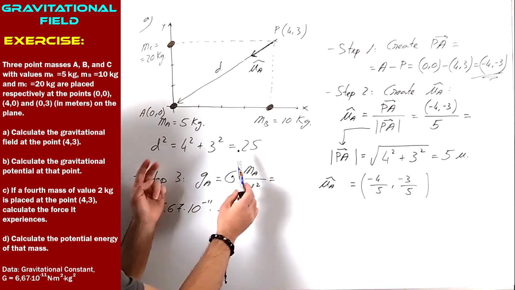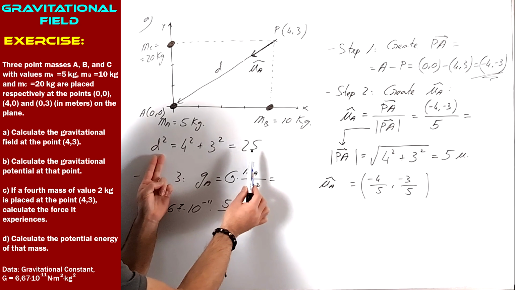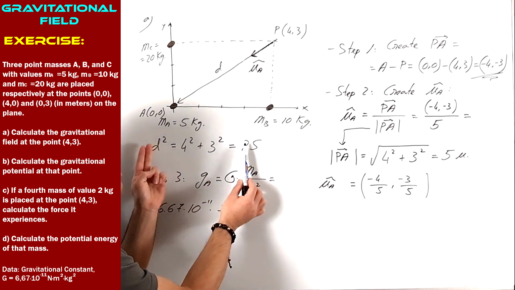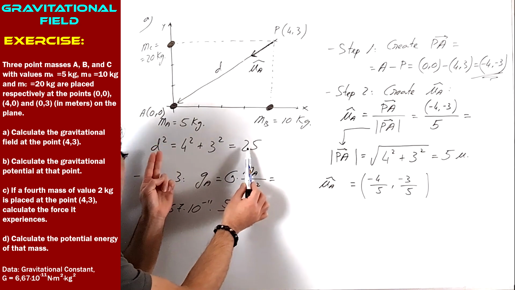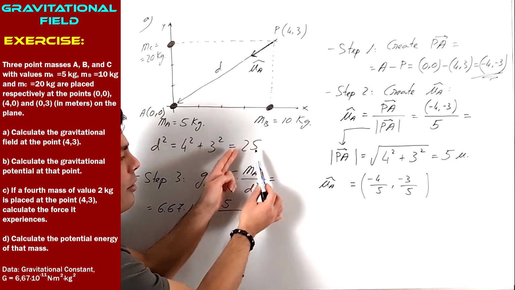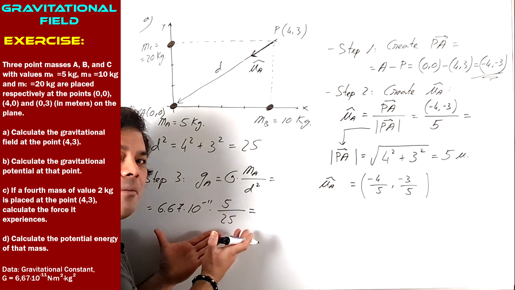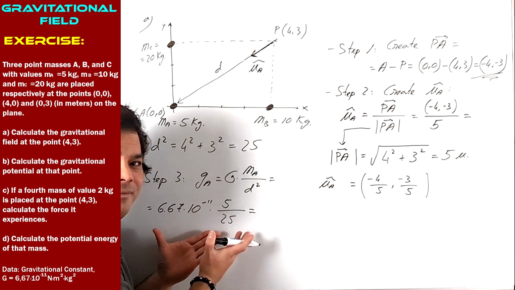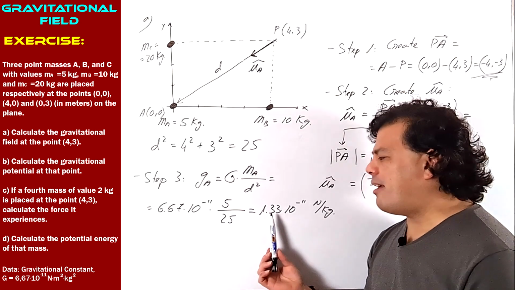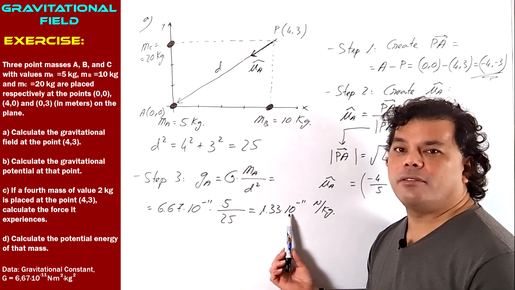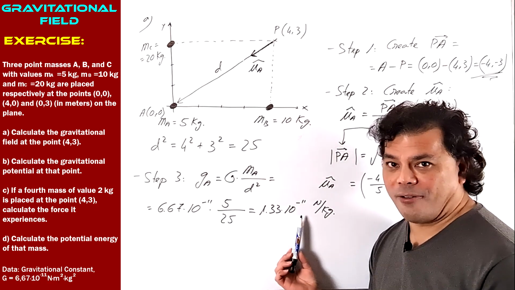And wow, we are lucky, because the Pythagorean theorem gives us the distance already squared. So let's place here our 25. And now it's time to use the calculator. If you did it carefully, hope you obtained 1.33 times 10 to the negative 11 newtons per kilogram.